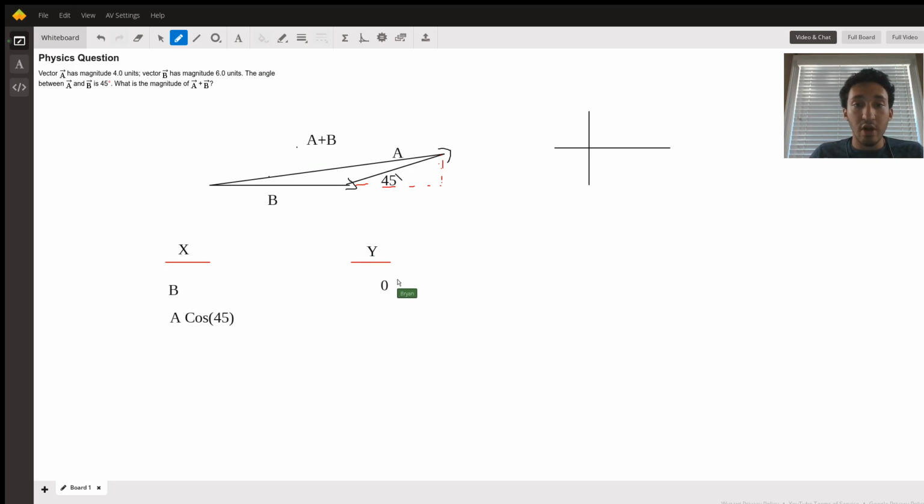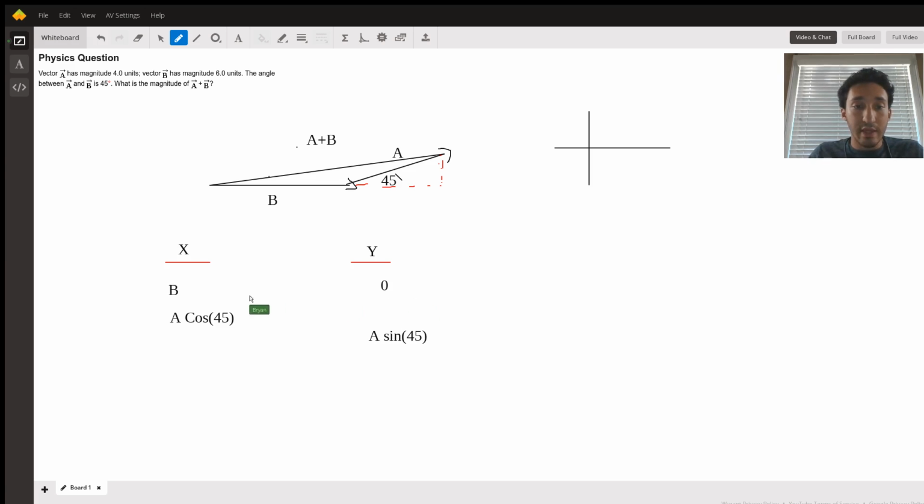Like before, only the A vector has a component in the Y direction. That's the magnitude of A times the sine of 45 degrees, which I'll write out here: A sine of 45. Perfect.